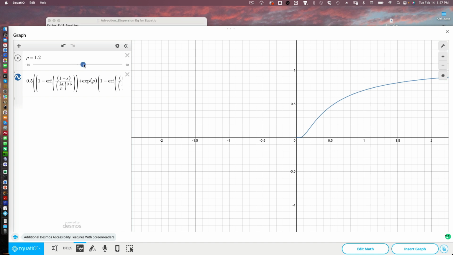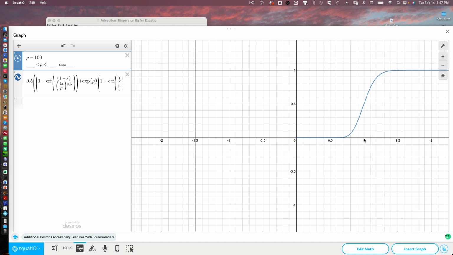So Peclet number of 10, let's do it larger than that. It can't get a Peclet number of infinity, but you see the coordinates of this. This is relative concentration on the vertical axis, 1, 0.